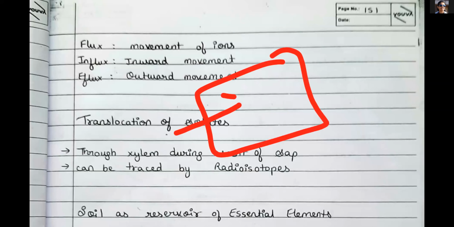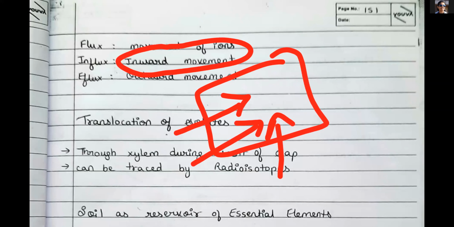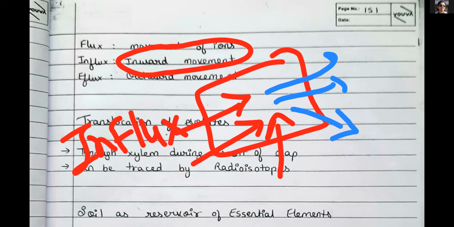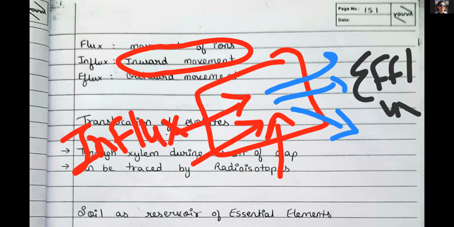If an element or ion enters the cell, that movement is inward movement, and we call it influx of ion. Influx of ion means ions move inward into the cell. If any element comes out of the cell, showing outward movement, we call that efflux.